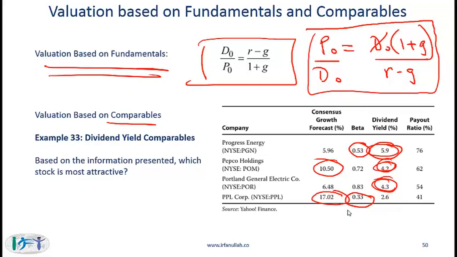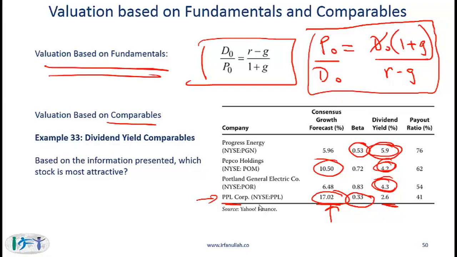Now looking at these numbers, it is not obvious which one is most attractive. It really, in a sense, depends on you. If you look at PPL, from a growth forecast perspective, it is really attractive and the beta is relatively low. Dividend yield, as you might expect for a high growth company, is relatively low. So from this perspective, PPL seems attractive.